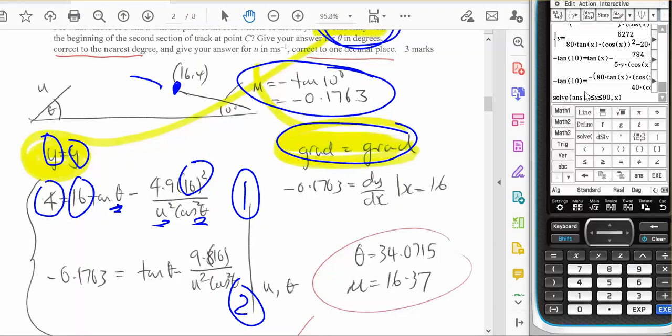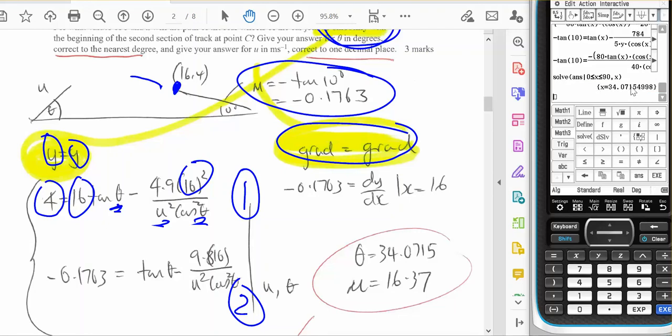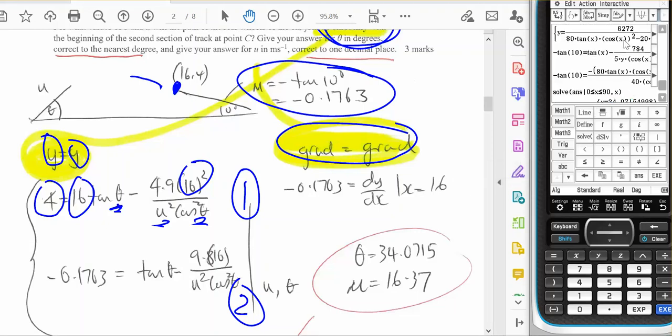Now, if on your calculator this doesn't work, that is, this takes forever to solve, then what I'd like to do is to graph it instead. So there's my answer, and I should have been in decimals. And there it is, 34.07, which means to the nearest degree, that's 34 degrees. To find y, I know that y equals this, so I'm going to copy that.